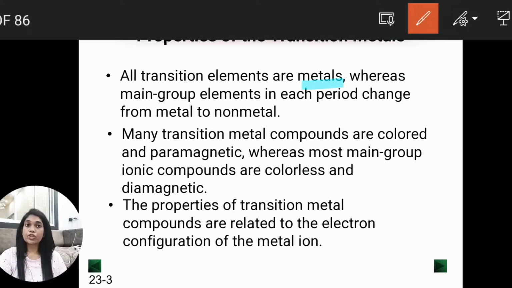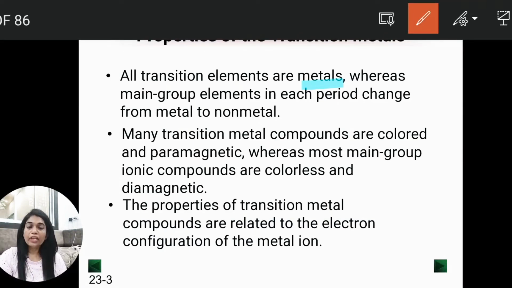Then they show paramagnetic properties. We know that all p block elements are non-metals or form colorless compounds, but all d block elements form different types of colorful compounds.